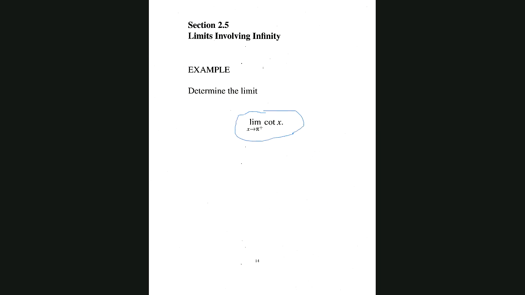Notice that plus there, that's approaching pi from the right, of the cotangent of x. So what might be a nice way to solve this problem? Well, we could do an expansion into sine and cosine, but all I really want to do is determine the limit. This one I don't want to do mathematically. I want to do it another way.